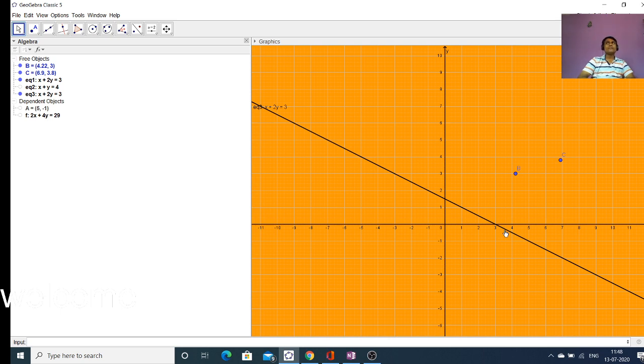In that condition a1 upon a2 equals b1 upon b2, but not equal to c1 upon c2. And dependent and consistent means both the lines coincide with each other, they have infinitely many solutions. There a1 upon a2 equals b1 upon b2 equals c1 upon c2, they have the same value. It is a multiple only, they have infinitely many solutions and represent the same line.